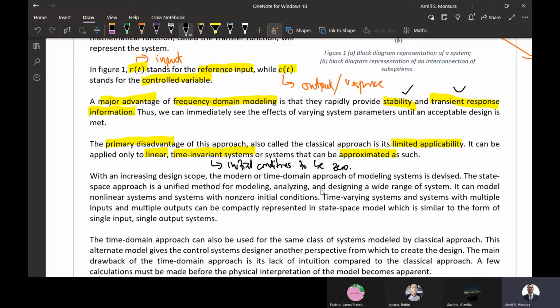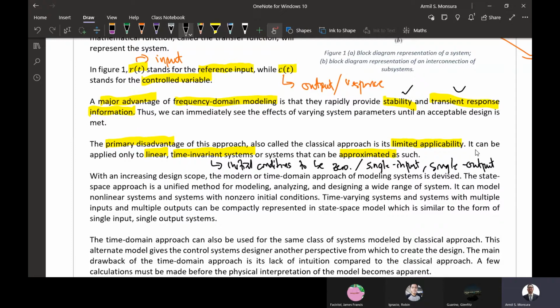Also, ang isa pang limitation kasi ng transfer function niya is that they are limited to what we call single input, single output systems. Ibig sabihin, isa lang yung input signal sa system niyo tapos isa lang din yung output signal. But most systems nowadays have multiple inputs and multiple outputs.